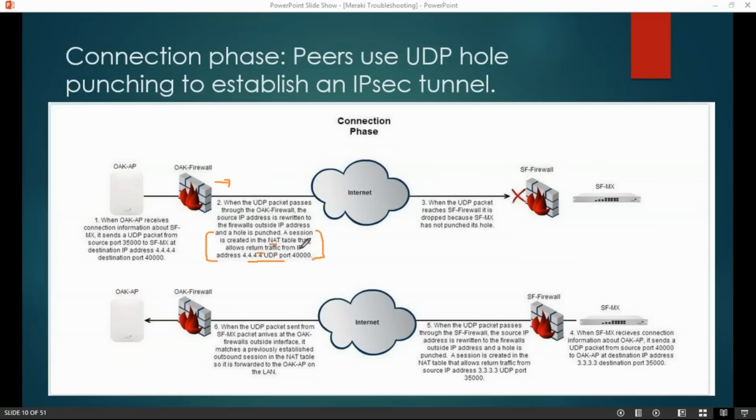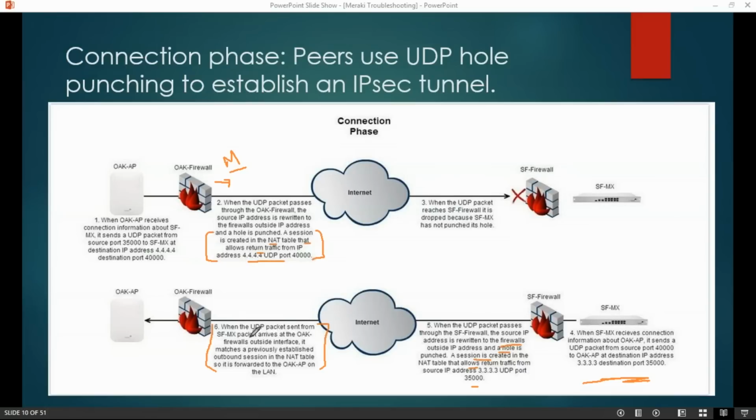That is the marking point here. Obviously the packet is dropped. Now the other packet will come from the SF side. On the SF side you also have one session for NAT, but when this reaches the other firewall, what will happen at that time?